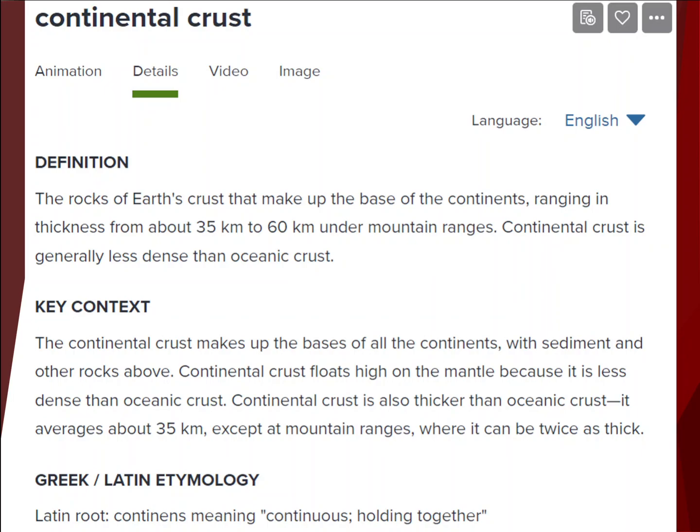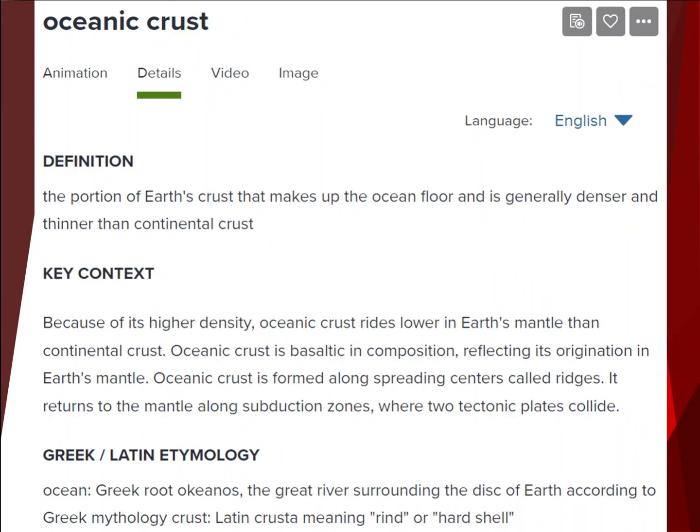Now, continental crust can be anywhere from 35 kilometers to 60 kilometers underneath mountain ranges. The important thing that you definitely want to write down is that continental crust is generally less dense than oceanic crust. Continental crust as opposed to oceanic crust.